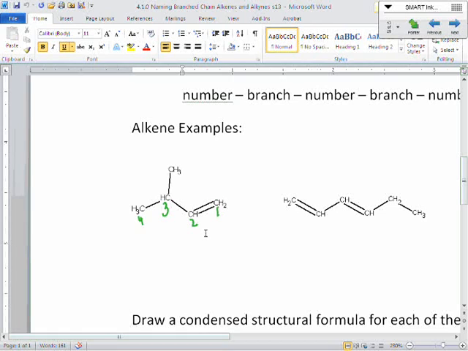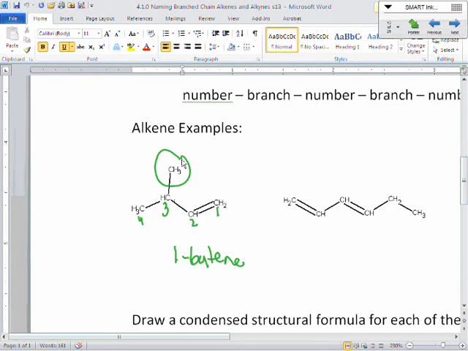Anything that's beyond 4 needs numbers, right? We saw that when we did butene. We had a 1-butene and a 2-butene. So anything that's beyond 4 needs numbers. If it's 3, then you don't need it. It's just propene because there's only one spot it can really go. So this is a 1-butene.